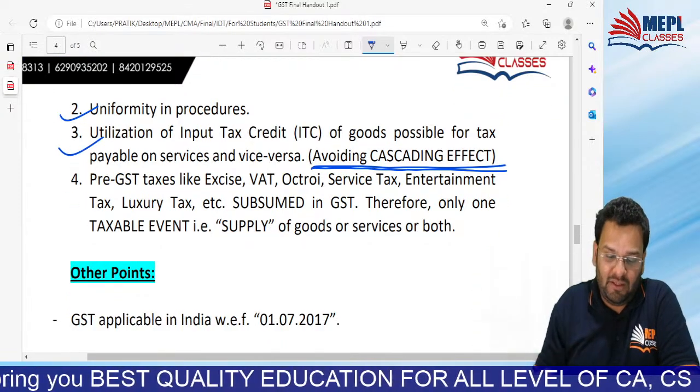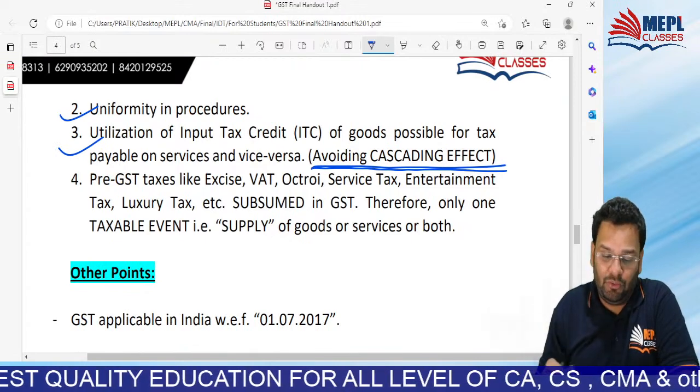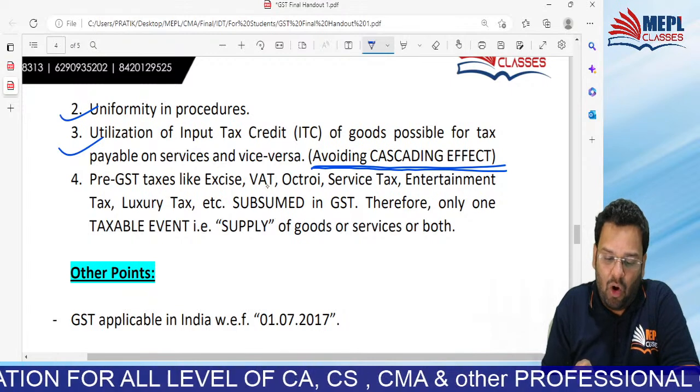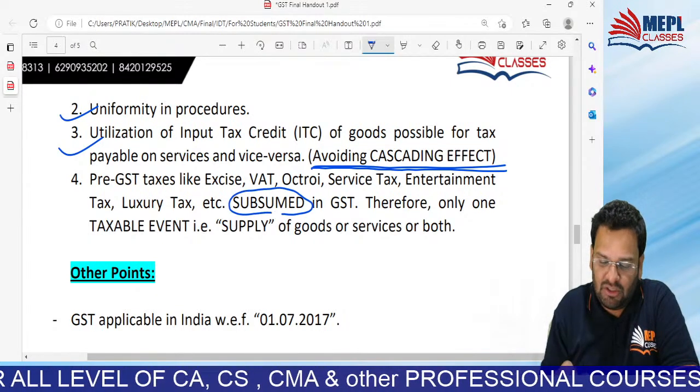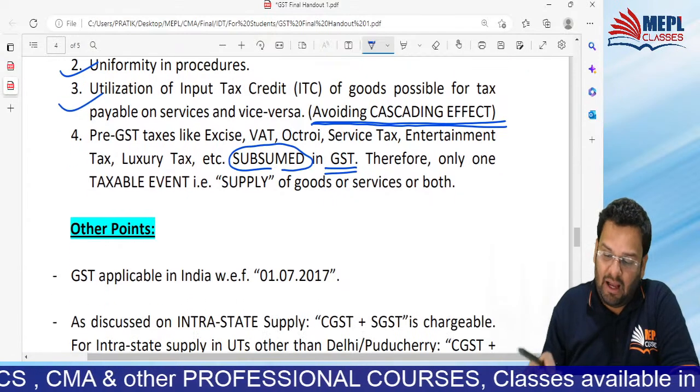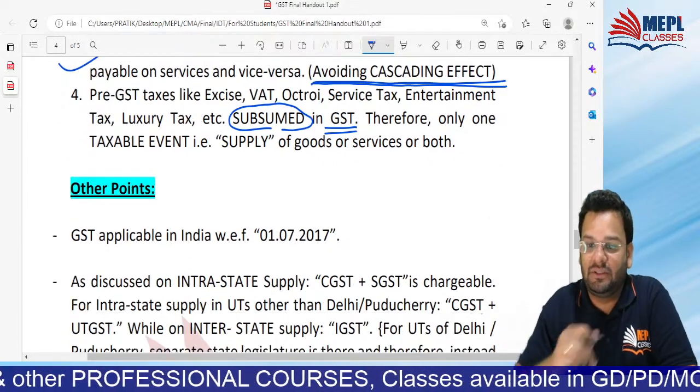And obviously, as I told you, pre-GST many taxes existed. Now all those taxes are merged in GST. Okay, so I hope you are very much clear with this.